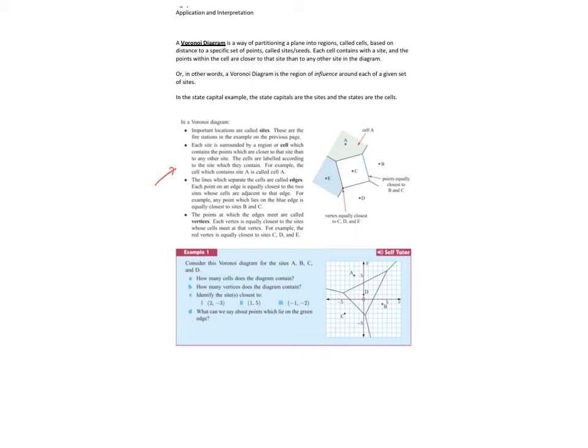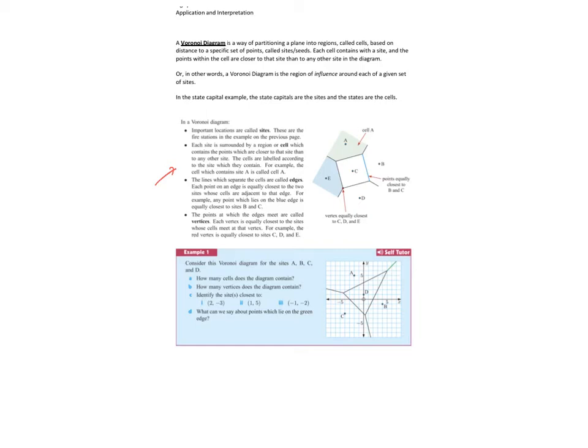So let's skip over to that part. It says the lines which separate the cells are called edges. Each point on an edge is equally closest to the two sites whose cells are adjacent to that edge. For example, any point which lies on the blue edge is equally closest to sites B and C. So that's important. If we're within the cell, then those points within the cell are closest to that site.